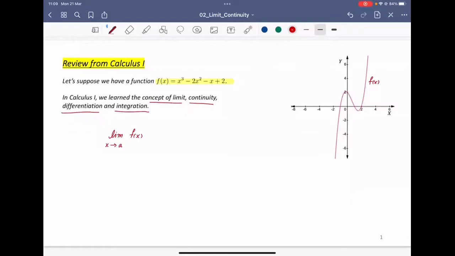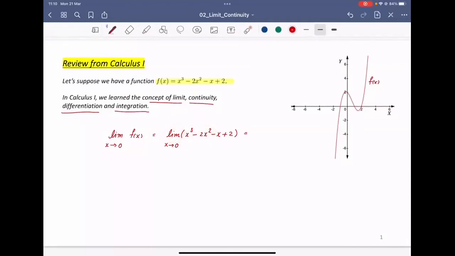This is the notation. For example, if you compute the limit of f(x) where x goes to 0, this means you're going to compute the limit as x goes to 0 of the function x cubed minus 2x squared minus x plus 2. If you remember from Calculus 1, you can use the limit theorem, which breaks this into the limit of x cubed minus the limit of 2x squared and so on.